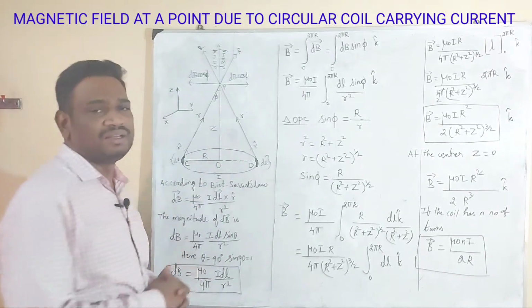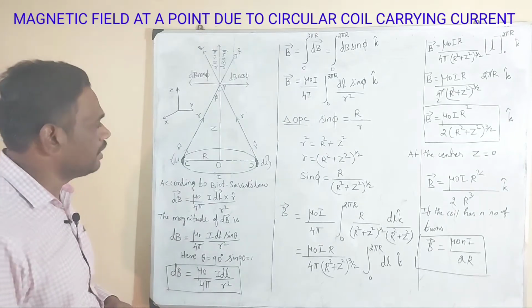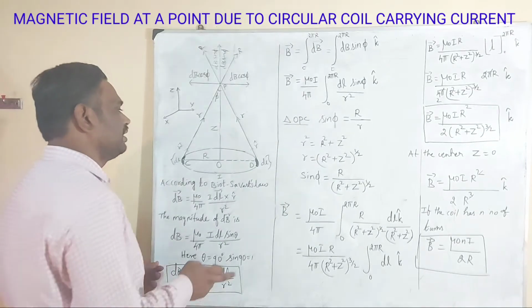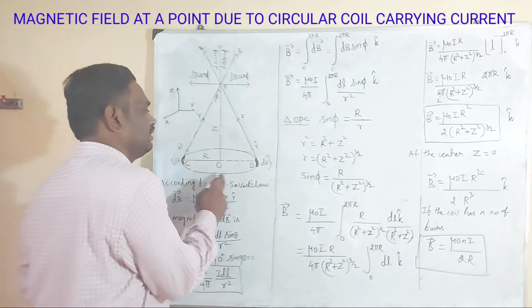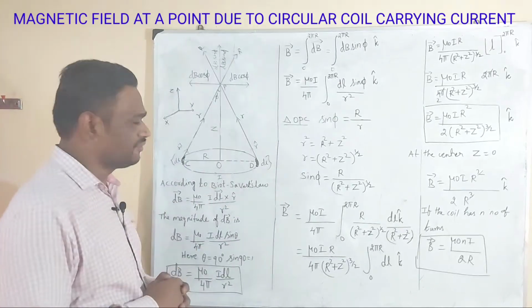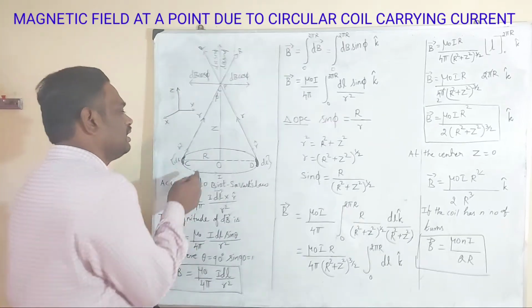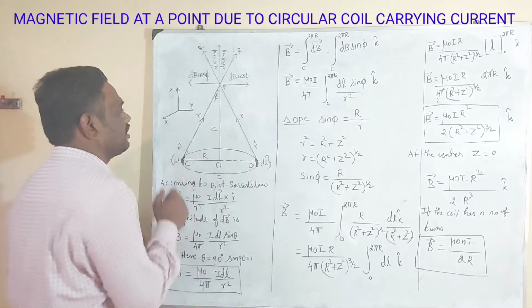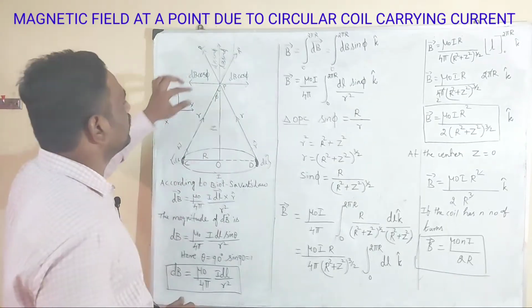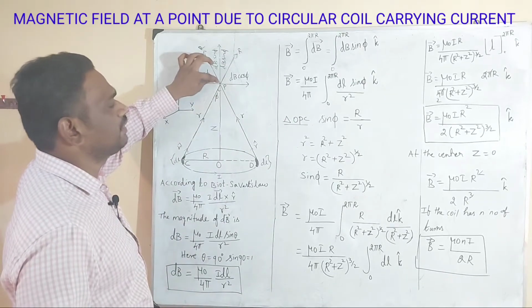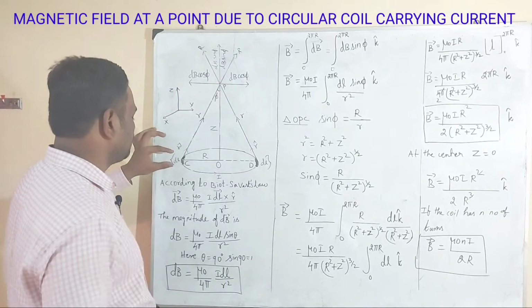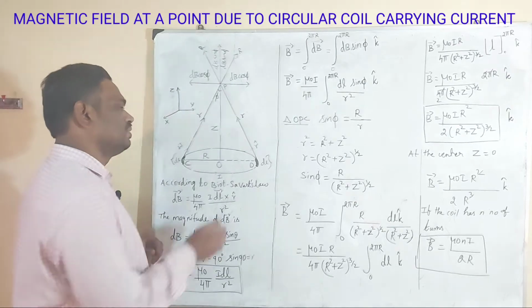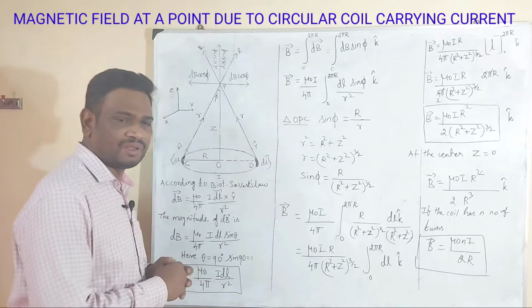coil carrying current. Okay, let us consider a circular coil having n number of turns, and the radius of the circular coil is r, and I am going to find the magnetic field at the point P. Here I have considered two small elements.